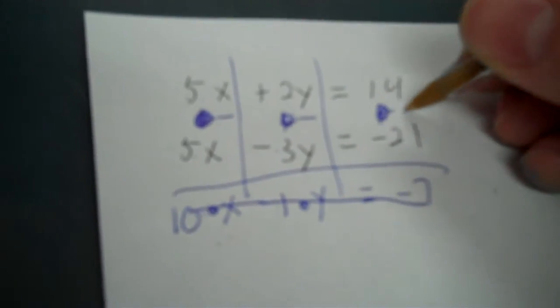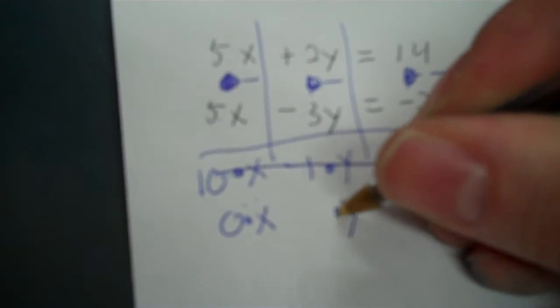So I switch the pluses over to minuses and try it again. So 5 minus 5 is 0. That's good. Then I take the 2 minus the negative 3, that's 5. Since it's positive 5, I'm going to put the positive sign in there.